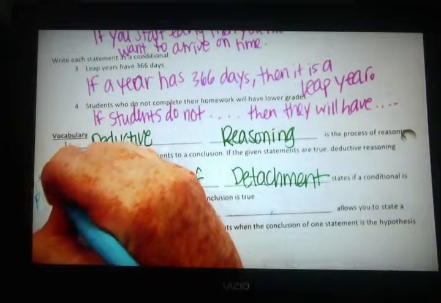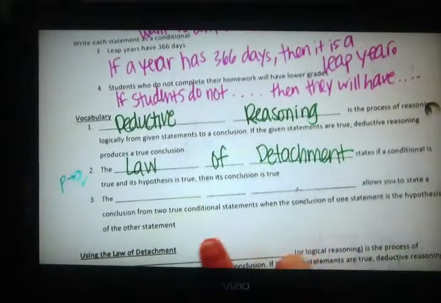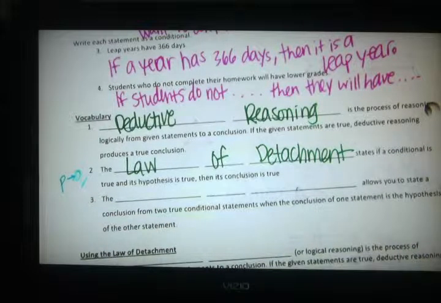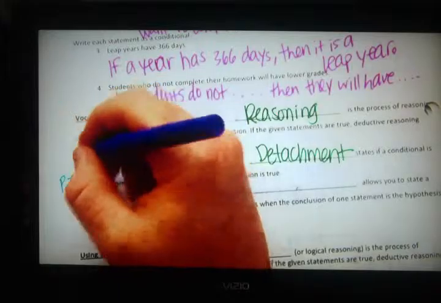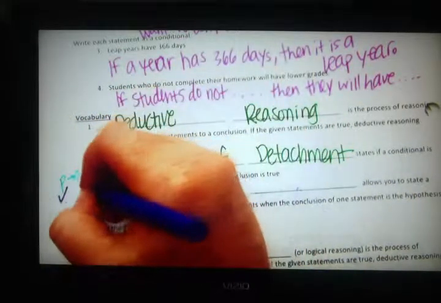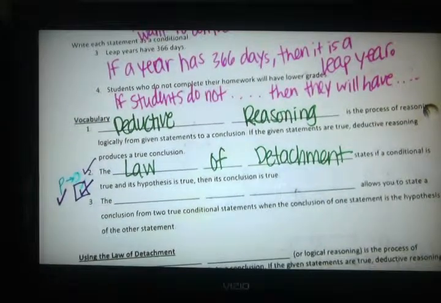So if P, then Q here on the side. So the law of detachment is saying that if a conditional is true, so the whole thing's true, and its hypothesis is true, then Q also has to be true. Okay? That's pretty obvious, but there is a law of detachment to show that.